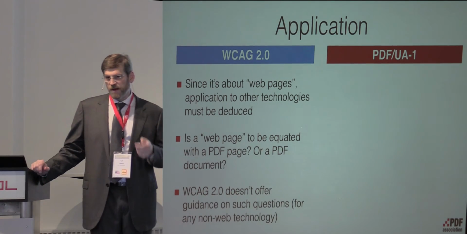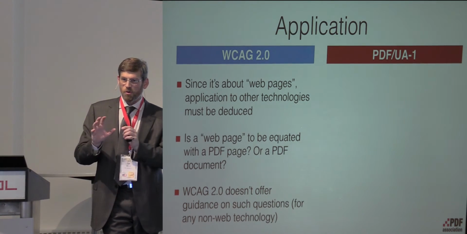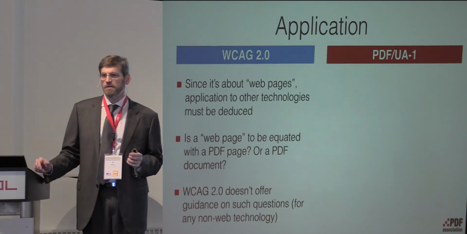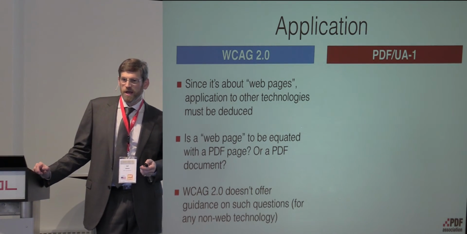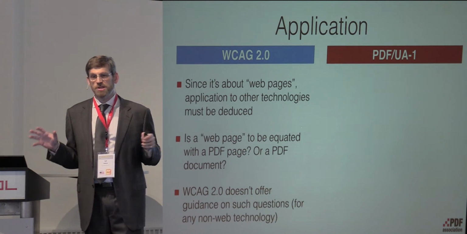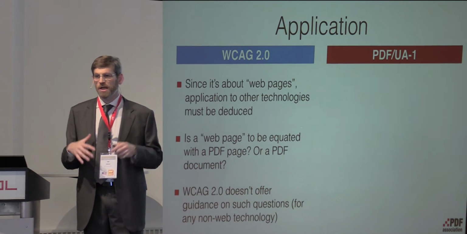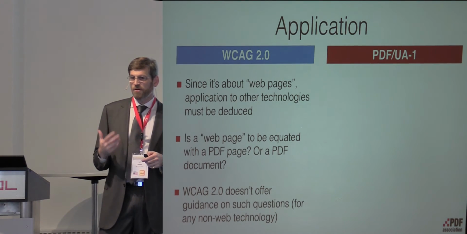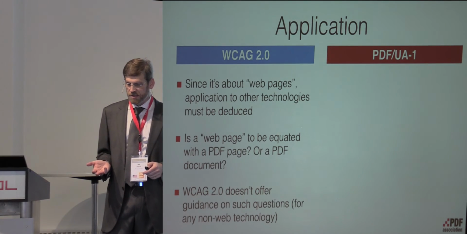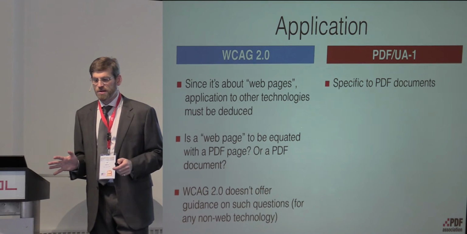WCAG 2.0 provides no real guidance on such questions, which makes it relatively difficult, and the more the technology differs from web pages, and PDF differs quite a bit in a variety of ways, the harder it is to apply WCAG 2.0 directly, and as a result, the more difficult it becomes for different agencies, different people, different understandings of WCAG 2.0 to align. This creates risk and difficulties for people who are implementing accessibility standards across a variety of technologies. But PDF/UA-1 is entirely specific to PDF documents.